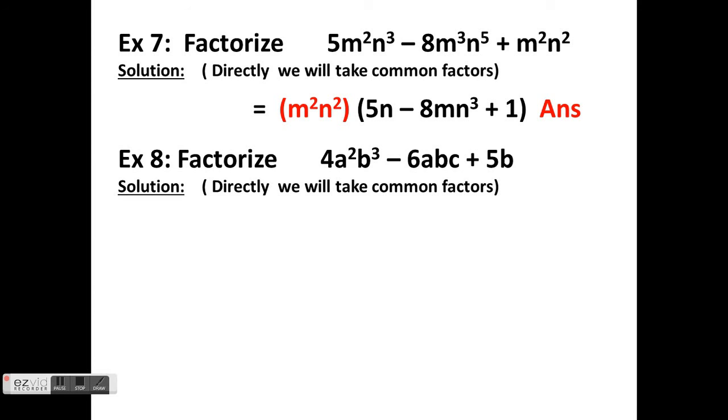Then for c, in the first term there is no c, in the third term also. So only b is common. So the first factor is b. Write the remaining. Again you see in the second bracket, nothing is common. So what we got is the answer.